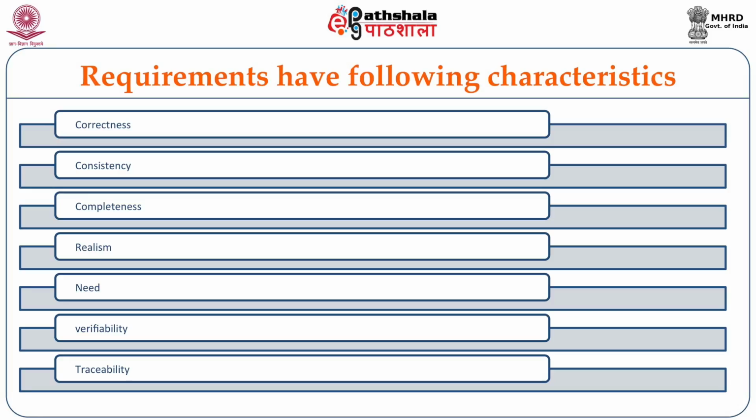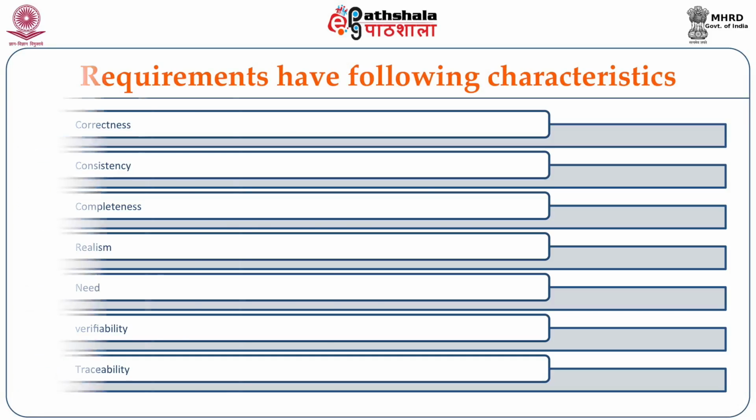Verifiability: can a test be written to demonstrate conclusively and objectively that the requirements have been met? Last is traceability. Each requirement should be traced to the functions and data related to it, so that if there is any change in a requirement, that can lead to re-evaluation.